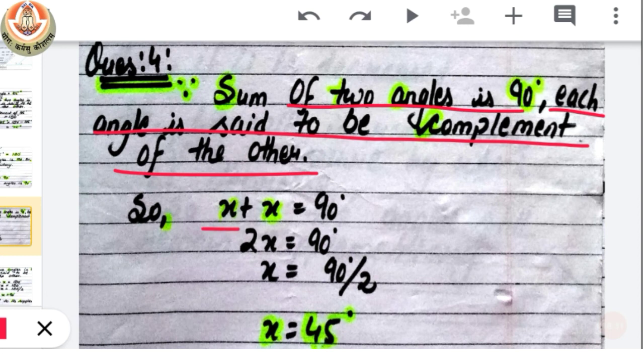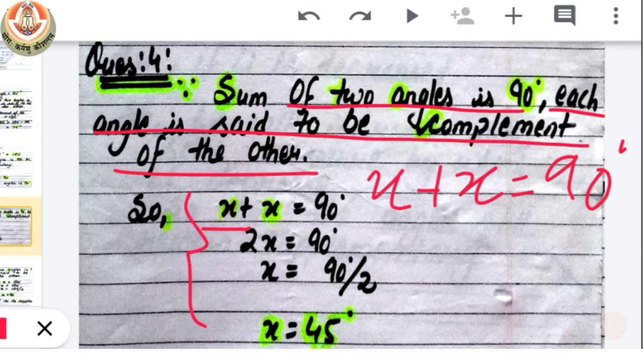So let's take that angle as x. When we add x with itself, we get 90 degrees, because we want the angle whose sum with itself makes complementary angles. Now we just have to solve this equation. x plus x will be 2x equals 90.